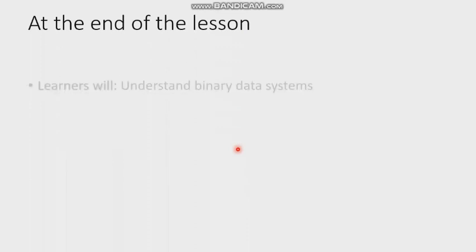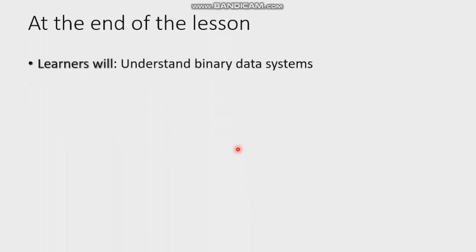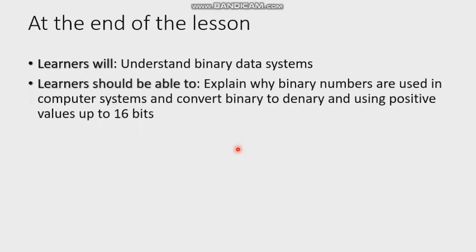At the end of the lesson, learners will understand binary data systems, and learners should be able to explain why binary numbers are used in computer systems and convert binary to denary using positive values up to 16 bits.